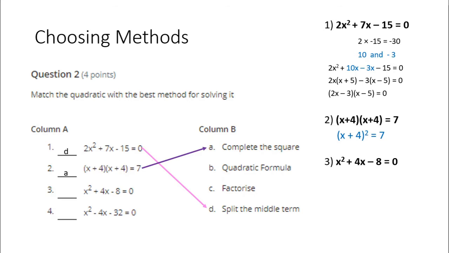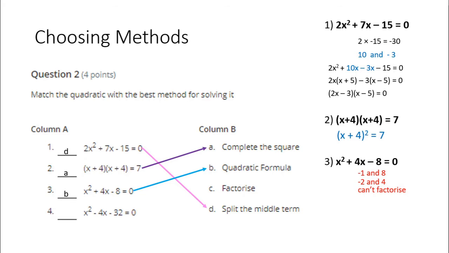The only factors of 8 I can think of are 1 and 8 and 2 and 4. And making the bigger number positive, negative 1 plus 8 would be 7, not 4. And negative 2 plus 4 would make positive 2, not 4. So I can't think of what those two numbers will be. I can't factorize. So we're going to have to use the formula.